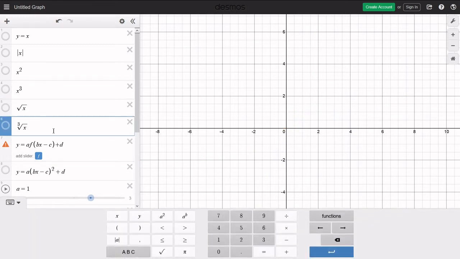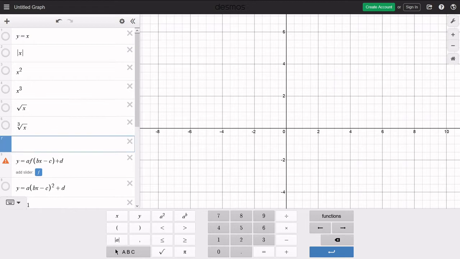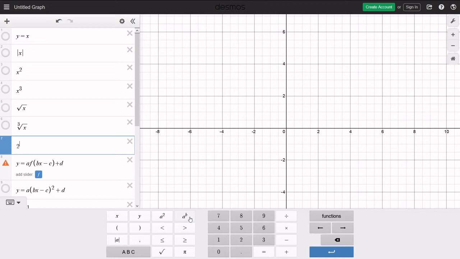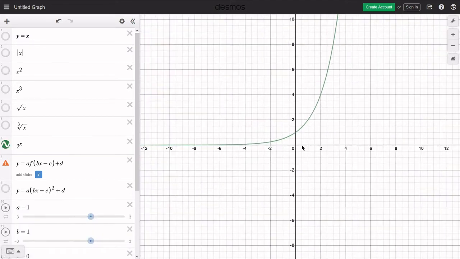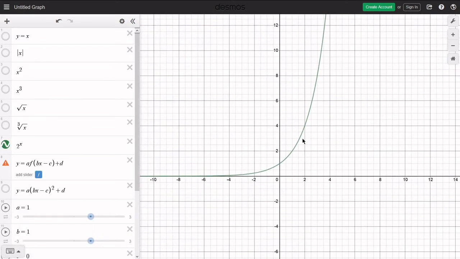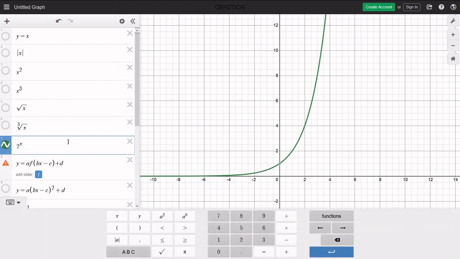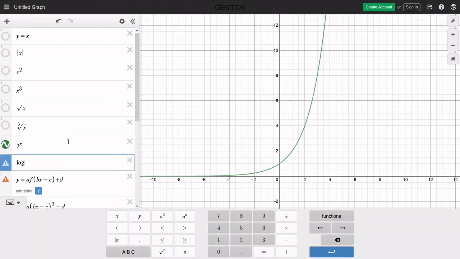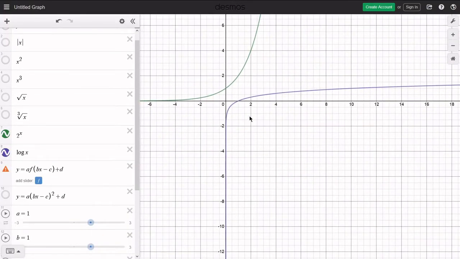Now, some more parent functions that we are not talking about yet are exponential functions. This is like 2 to the power of x. It goes like that. Also, log of x. The purple here is log of x.